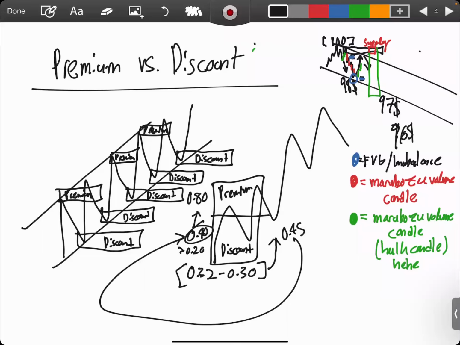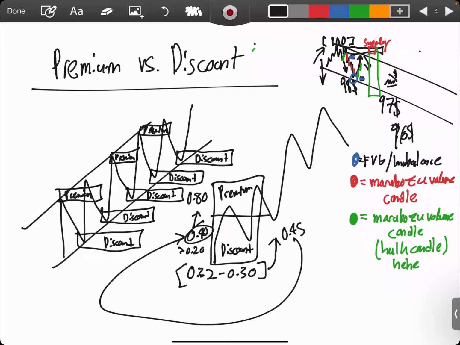And we see institutions do this all the time. They'll mark price up to 100, mark it back down to 98, push it back up to 99, mark it back down to 97. It happens all the time within structure. Or they might engineer some chart pattern to create liquidity to take out stop losses so that they can move the market however they want.